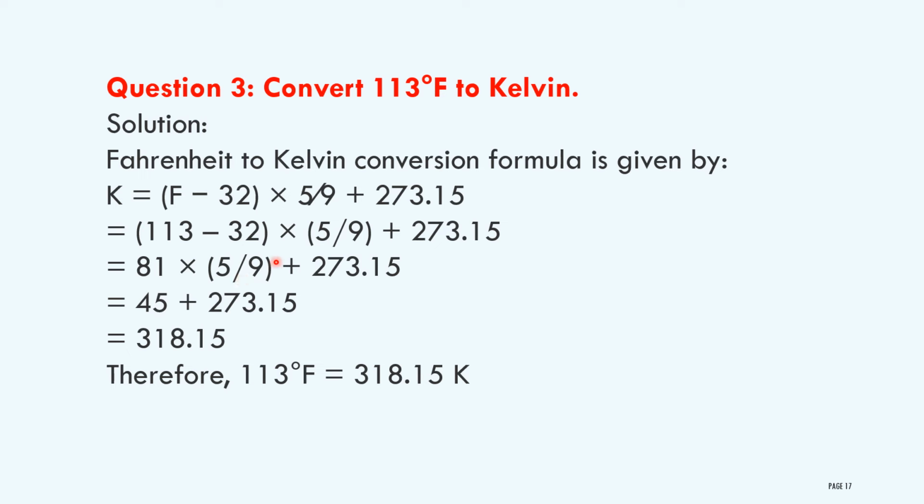Then here you can cancel: 9 ones are 9, 9 nines are 81. Then 9 5s are 45 plus 273.15. Add these two, you will get 318.15. Therefore 113 degrees Fahrenheit equals 318.15 Kelvin.